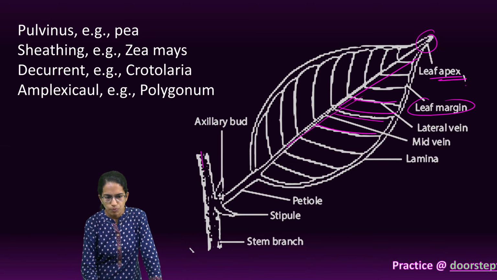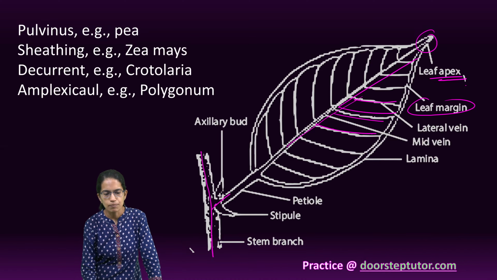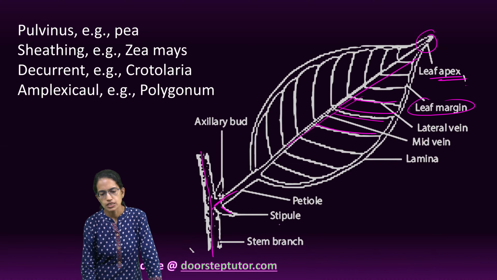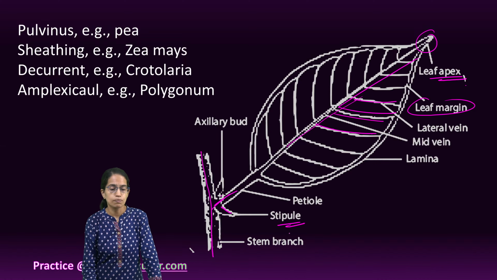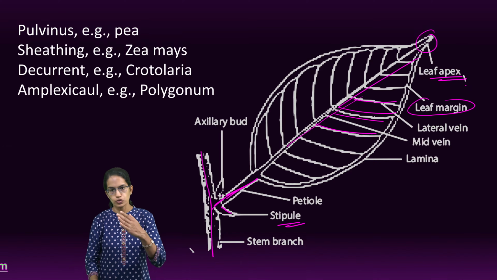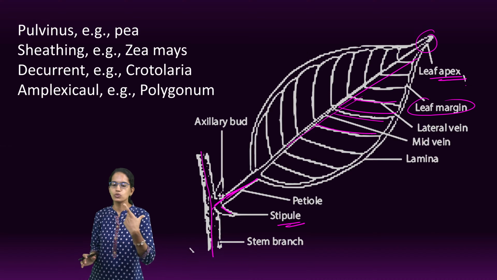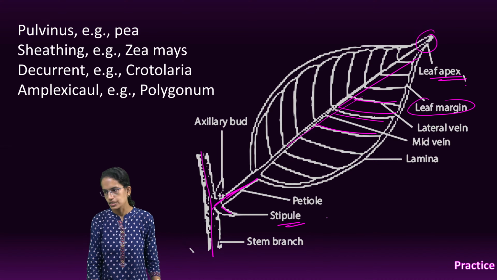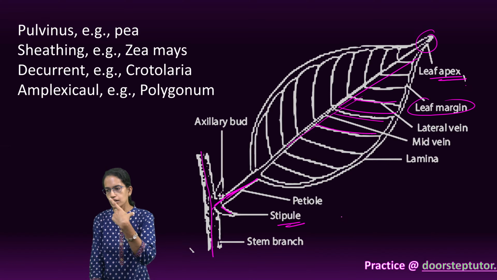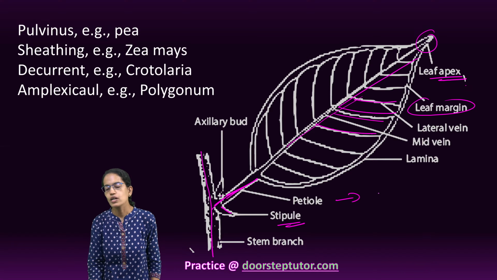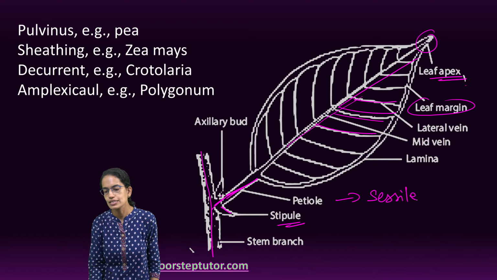At the point where it connects with the stem is the axillary bud and a small spiny structure which is known as stipule. The portion which connects the leaf to the stem is known as petiole. In some cases, these petioles do not exist. So petiole is the stalk of the leaf. If the petiole does not exist, we call those sessile leaves.